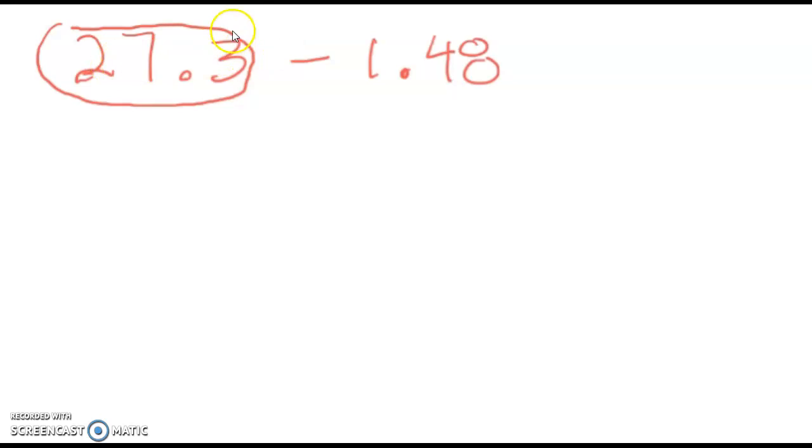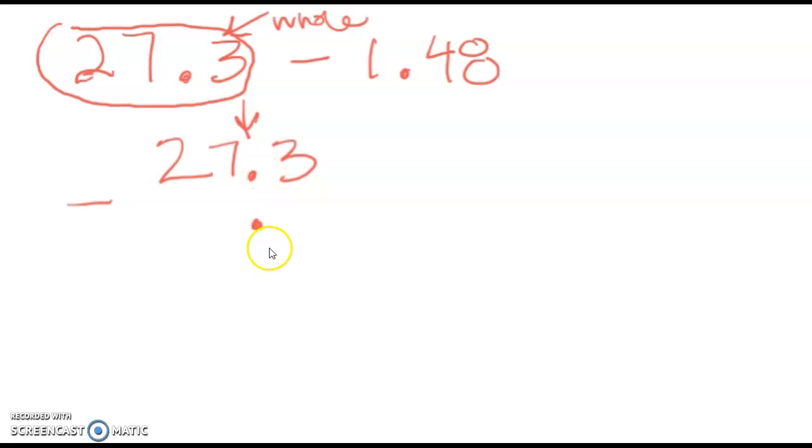So the whole, remember what we know about the whole, it goes on top when we do the standard algorithm. So 27 and 3/10. Then I also know I have to line it up by decimal. So here's my decimal, line up the decimals. Decimals have to be lined up. I have 1 whole and I'm taking away 4/10, 8 hundredths.